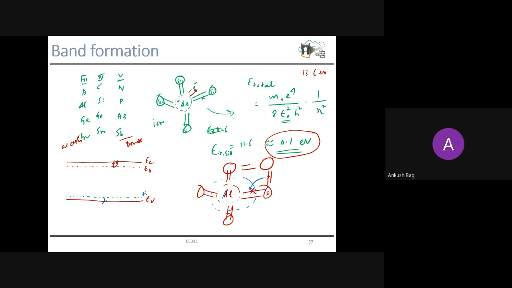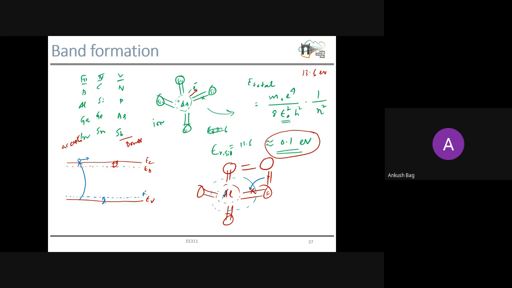Remember this point. When an electron moves from the donor to the conduction band, or when thermal generation moves an electron from the valence band to the conduction band, these electrons can move; they are conduction electrons.